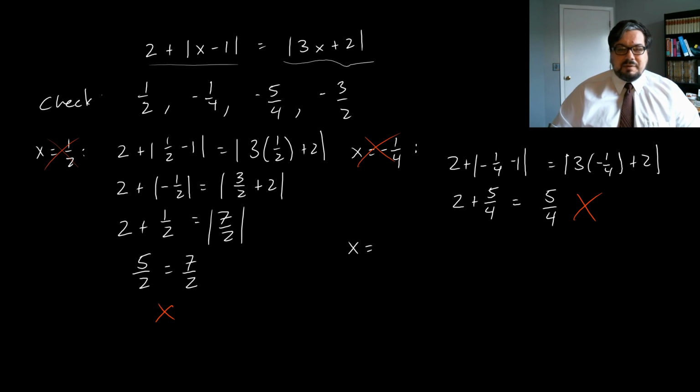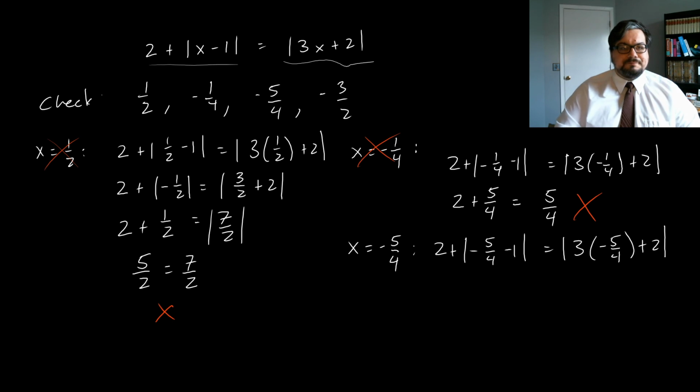So let's see, what about x equals -5/4? That gives us 2 plus the absolute value of -5/4 minus 1 equals the absolute value of 3 times -5/4 plus 2. So that's going to give us 2 plus -5/4 minus 4/4 is -9/4. And the absolute value of -9/4 is +9/4.